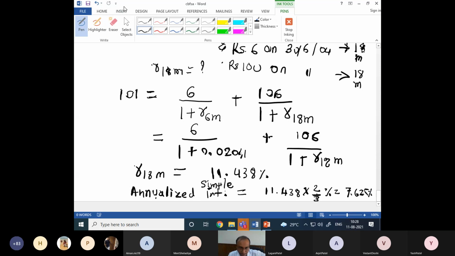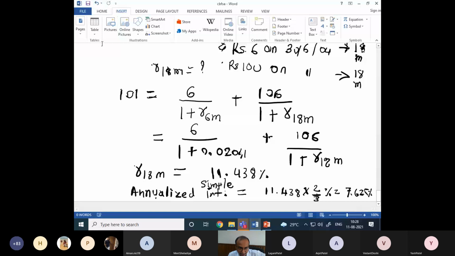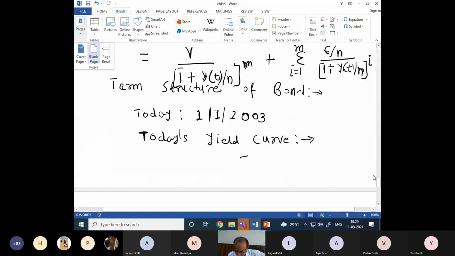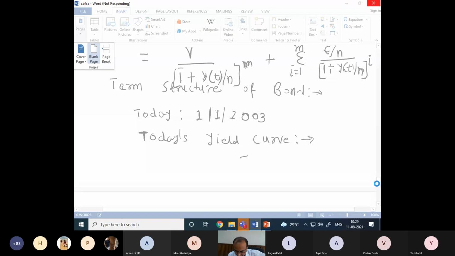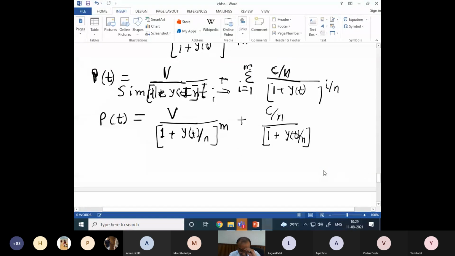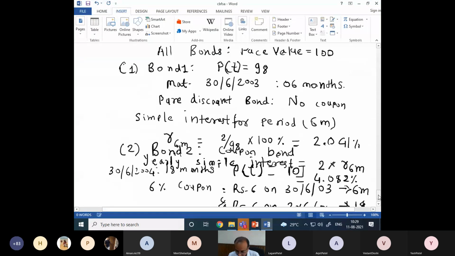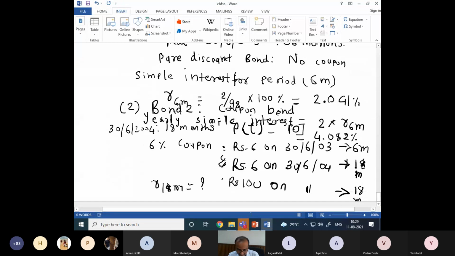All right. Now let me insert one more page and go to bond number 3. Just wait, it is very slow. Yeah, okay. So now let me go to bond 3. Just wait. I don't know why these people are not doing anything for this computer.